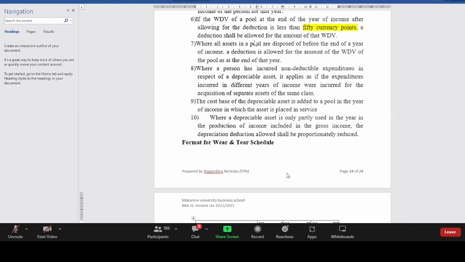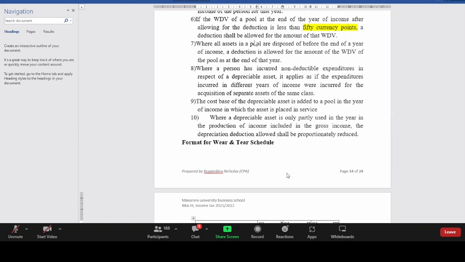Note 8, where a person has incurred a non-deductible expense. A non-deductible expense, guys, we will look at as capital expenditure on that depreciable asset. Remember, they don't allow capital expenditure as an allowable deduction. We saw what is allowable from your specific ones.